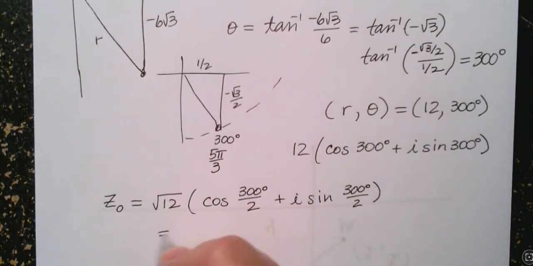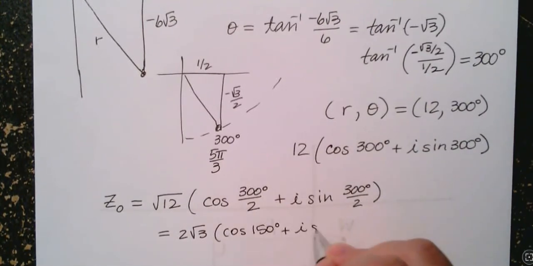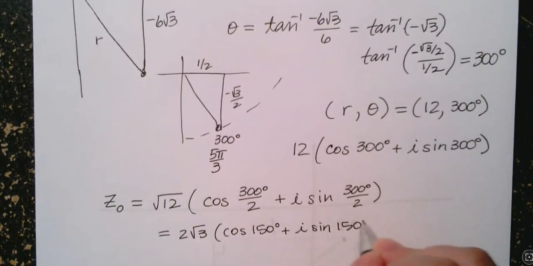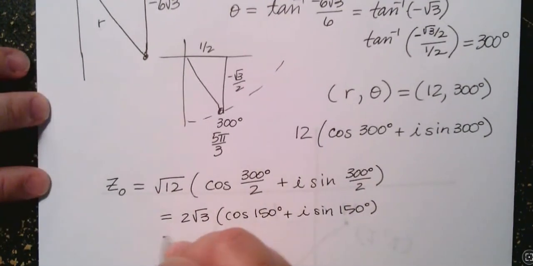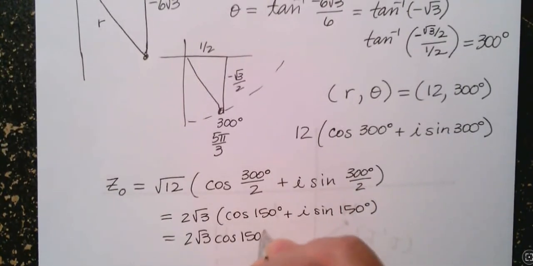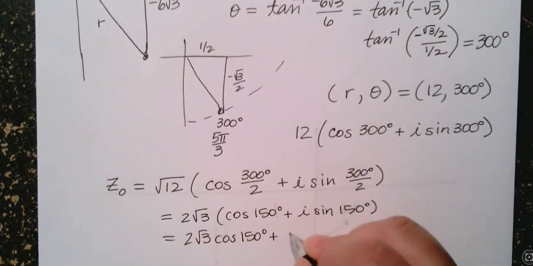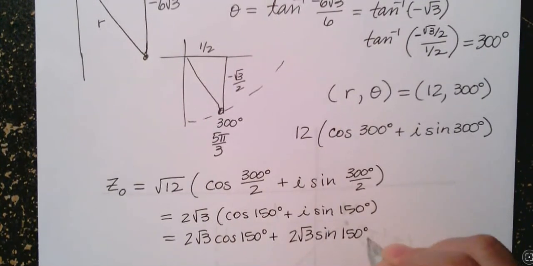All right, so that's 2 root 3 times cosine of 150 plus i sine of 150. And let's go ahead and put that in rectangular form right now. That's going to be 2 root 3 cosine 150 plus 2 root 3 sine 150 times i.